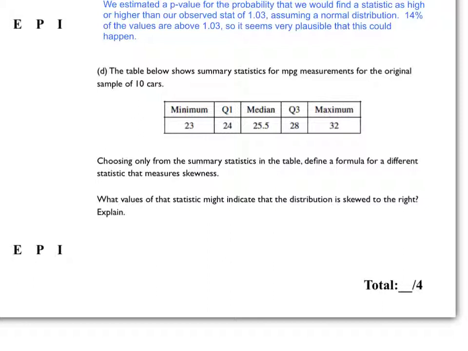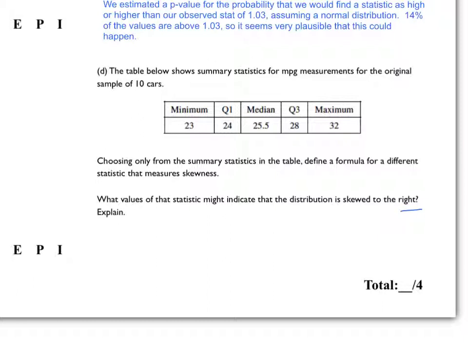To look for skewness, we're looking for a bunch of values being bunched up real close to each other on one of the sides. In particular, if we are looking for skewed to the right, down below here it says what values might indicate the distribution is skewed to the right.